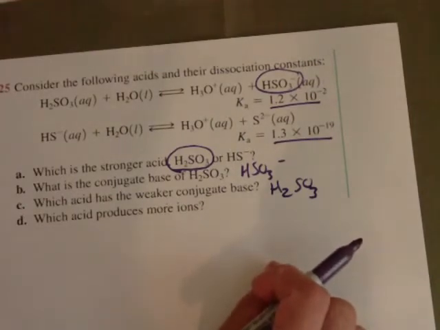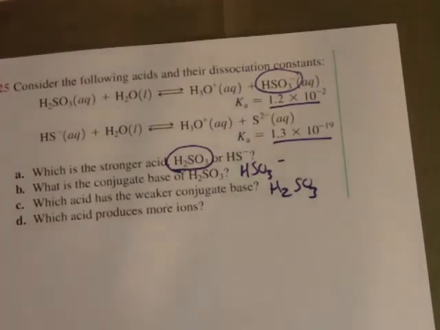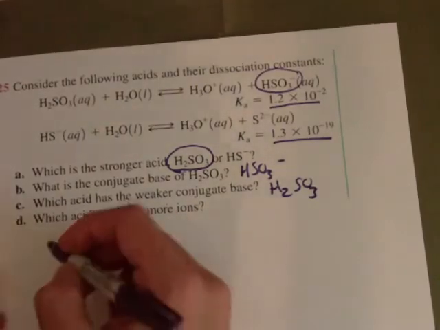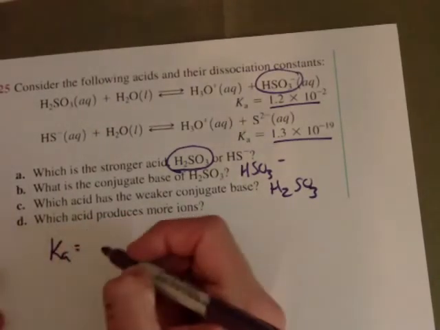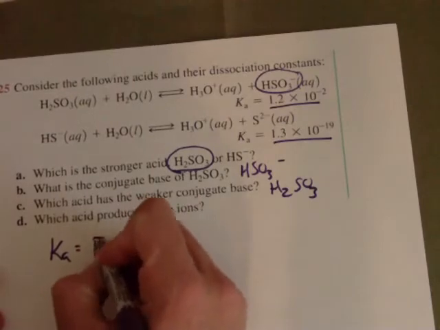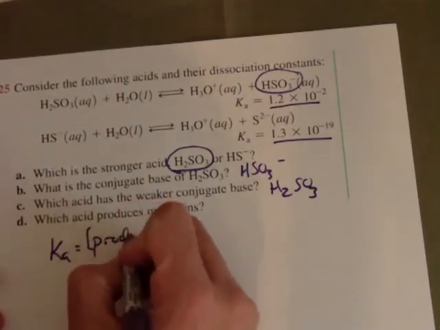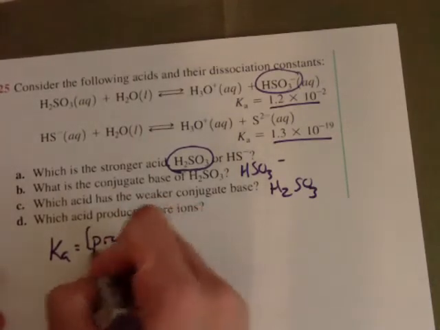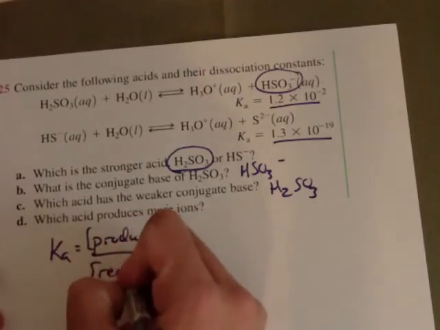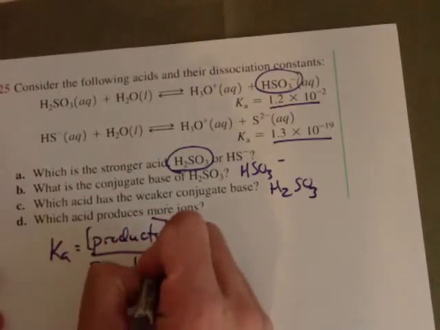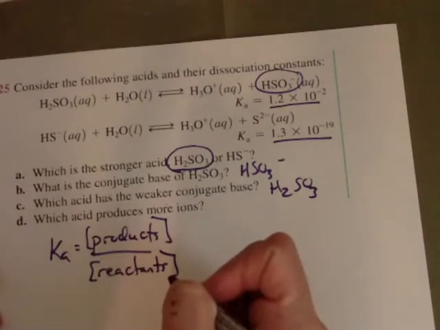And then, which acid produces more ions? If you remember, Ka is equal to products over reactants. And so the products are the ions.